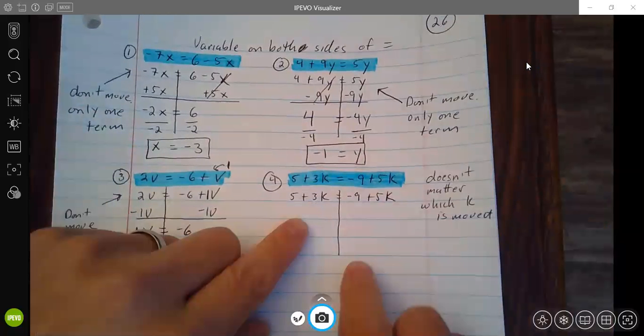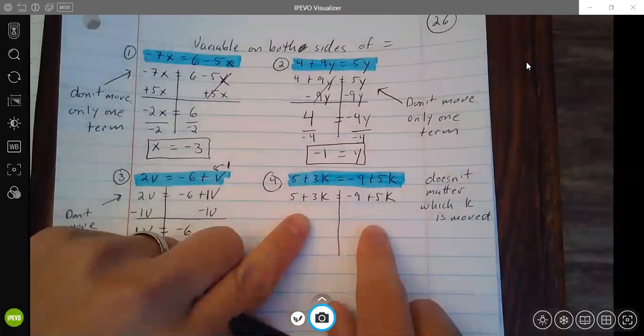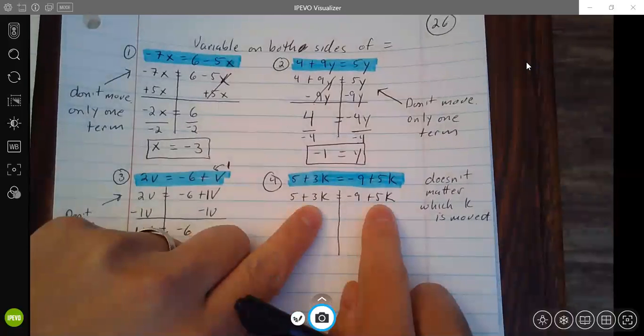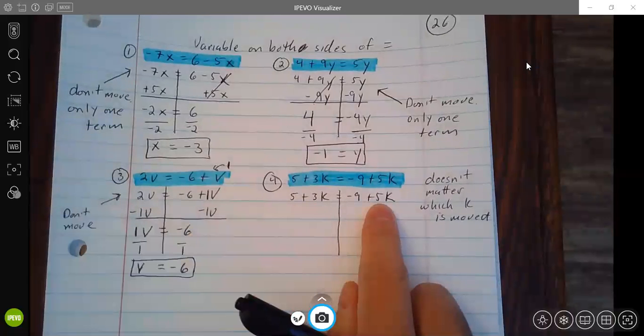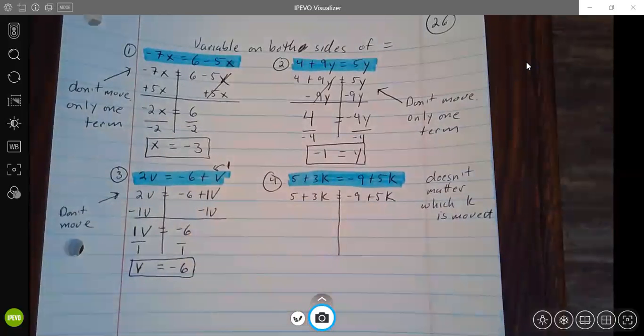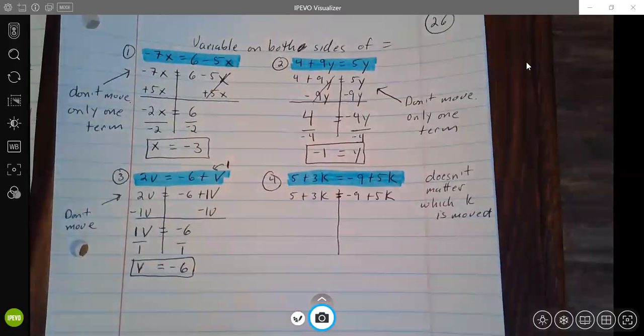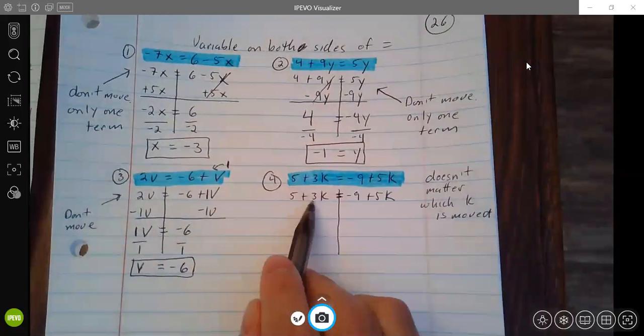I always tend to choose the smaller k, the smaller variable, the 3 compared to the 5. That's because if I move the smaller one, I avoid having to divide by a negative in the end. Dividing by a negative gives you one last thing to think about. So I'm going to move the smaller 3k.